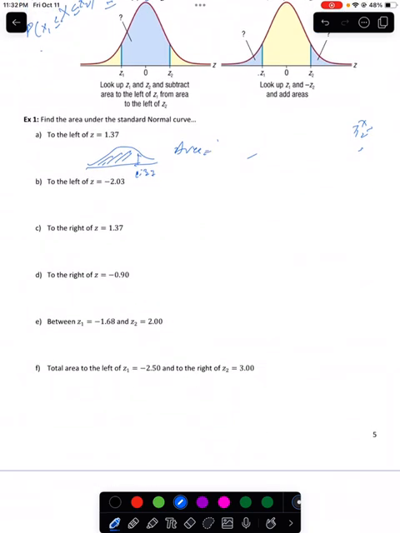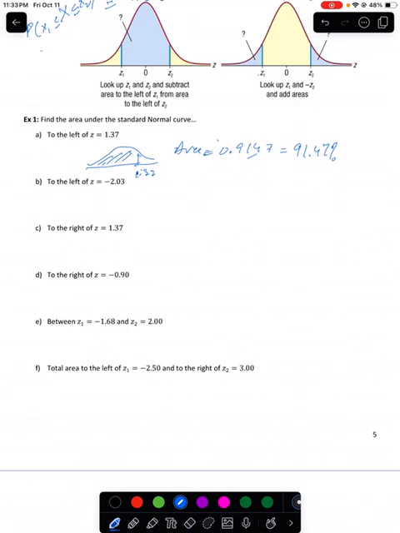Or if you want to convert it to percentage, it will be 91.47%. Which makes sense because it's bigger than 0.5.